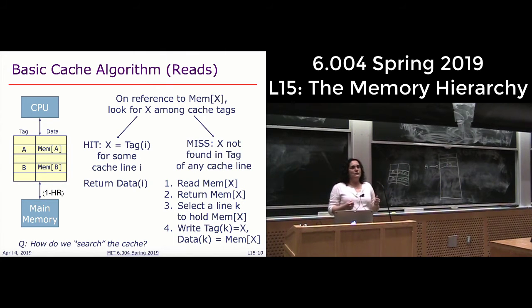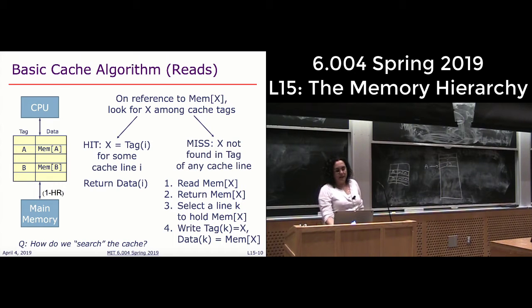Okay, so how do I do that? I need to pick a line in my cache for where I'm going to put this piece of data. What that also means is I'll have to take something out of my cache because I'm limited in size, and I'll put this new thing in my cache, and then next time if it's accessed again, I'll get a hit.